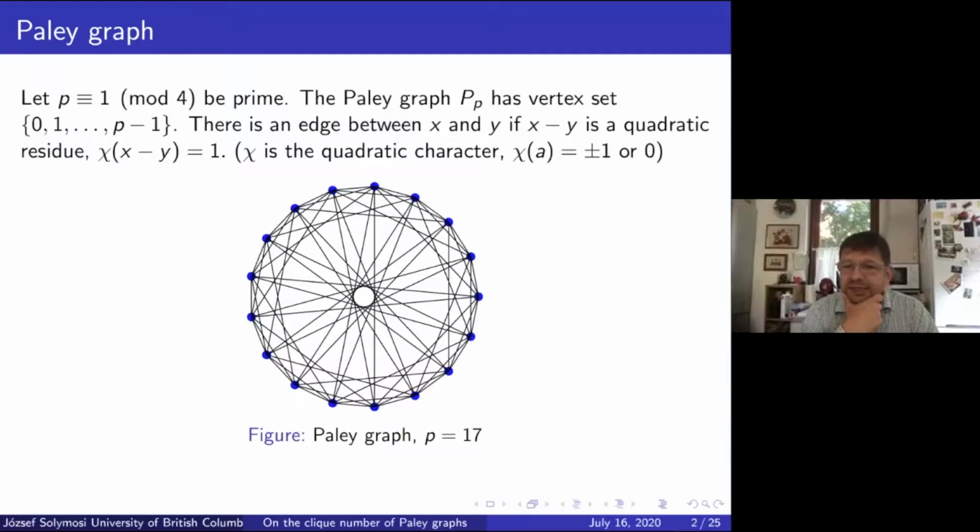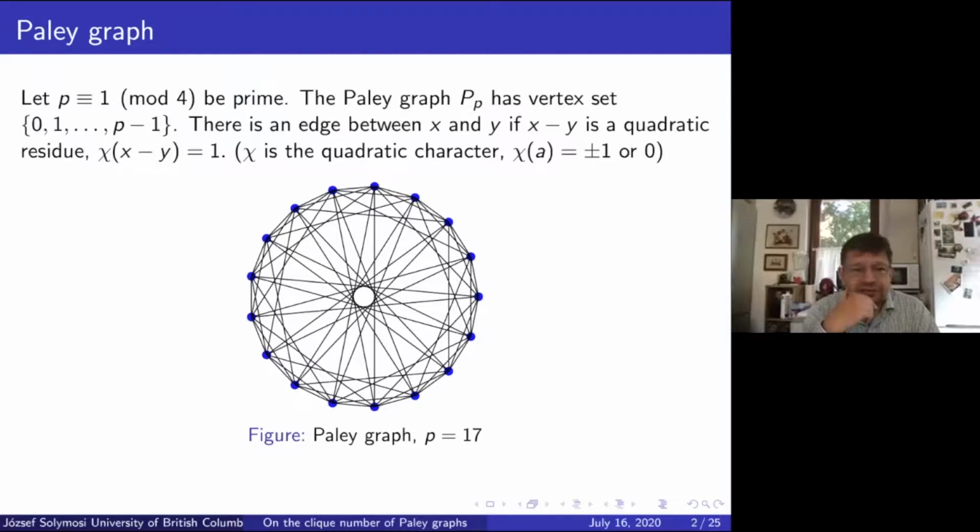Then the Paley graph has vertex set F_p, so we have p vertices. Two vertices are connected by an edge if x minus y is a quadratic residue, that means that over this field it's a square of a number. And because p is of the form 4k plus 1, it's symmetric. So if x minus y is a quadratic residue, then y minus x is also a quadratic residue.